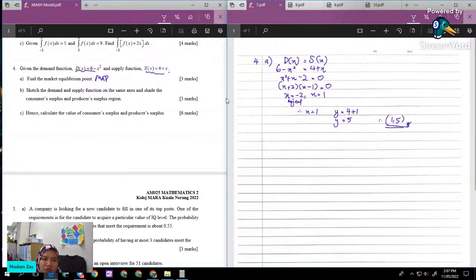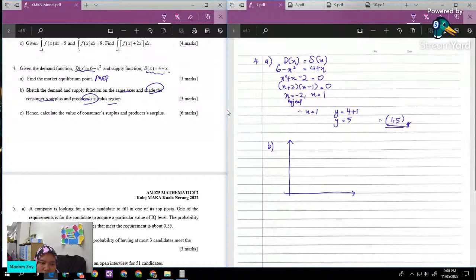Okay, now for question B. Sketch the demand and supply functions, and shade the consumer surplus and producer surplus region. So, kita kena shade kedua-dua region. Okay, so kita akan ada graph, and remember our graph will take the first quadrant. Kenapa? Nilai x kita mesti positif lah.